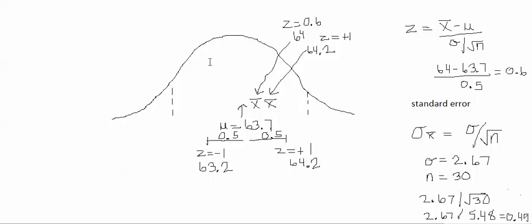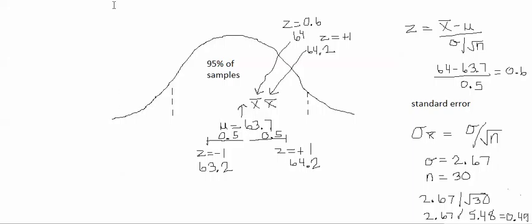So let's imagine here that this is the middle 95% of the possible samples, meaning out of all possible samples of 30 that could be selected, 95% of those samples have a sample mean in here.